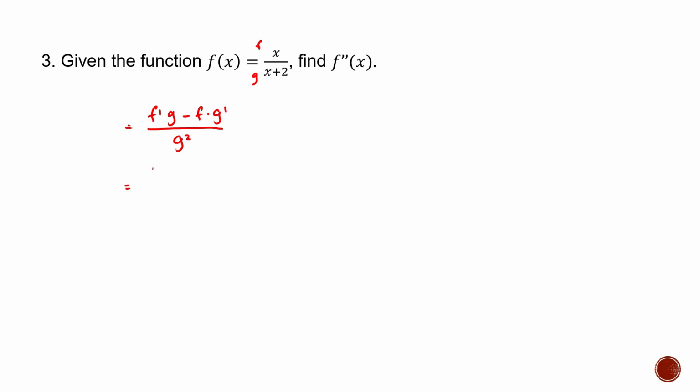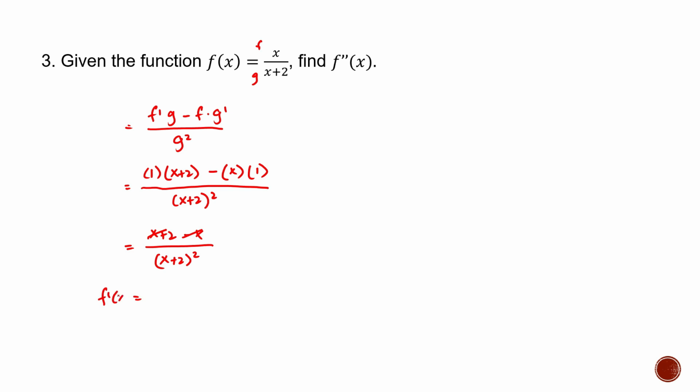Okay, so that's derivative of x is 1, g is x plus 2, minus x, derivative of x plus 2 is 1, divided by x plus 2 squared. Okay, equals x plus 2, 1 times x plus 2, minus x, all over x plus 2 squared. We can cancel the x and negative x, and that's going to give us the first derivative, which is positive 2 over x plus 2 squared.